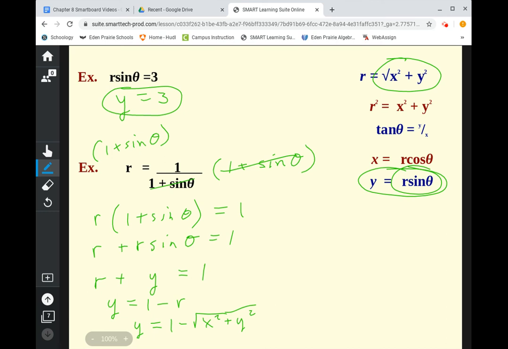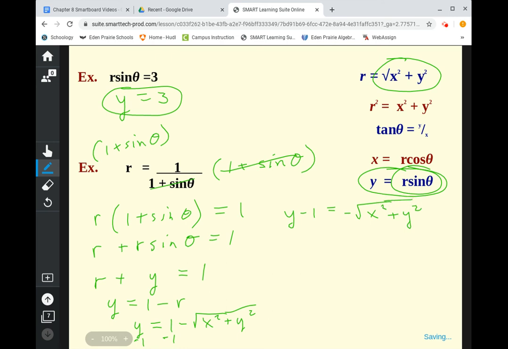I subtracted 1 on both sides. So I subtracted this 1, subtracted 1. And now I have y minus 1 equals negative square root of x squared plus y squared.